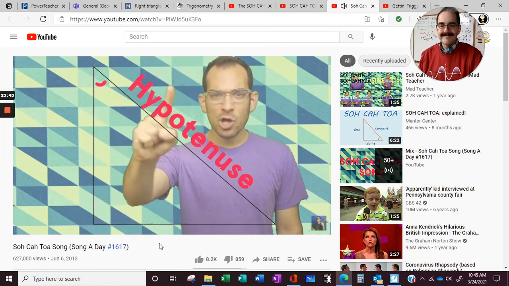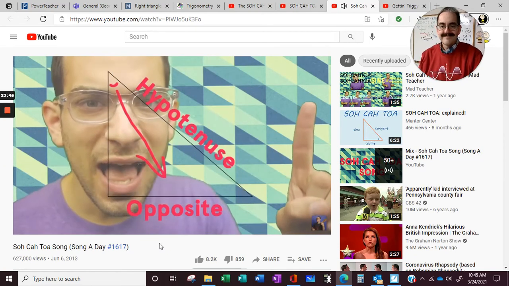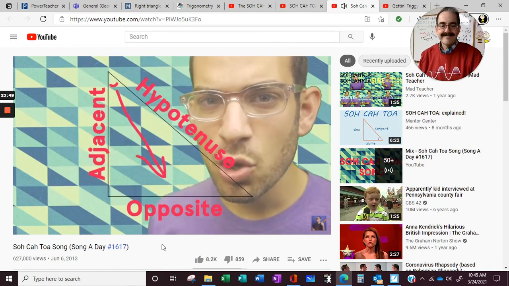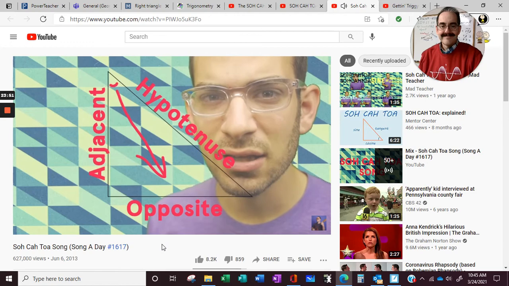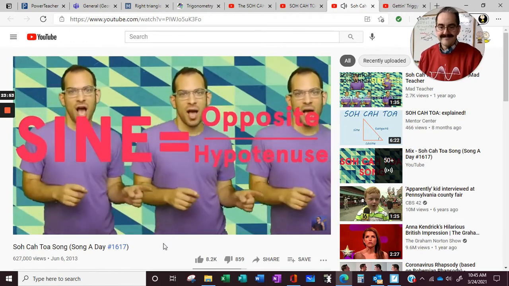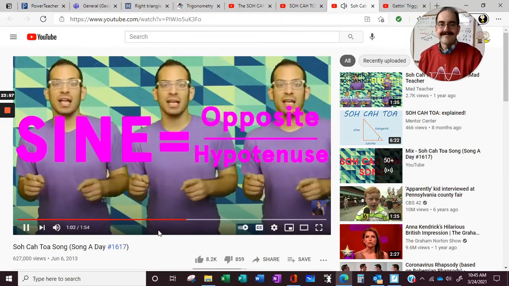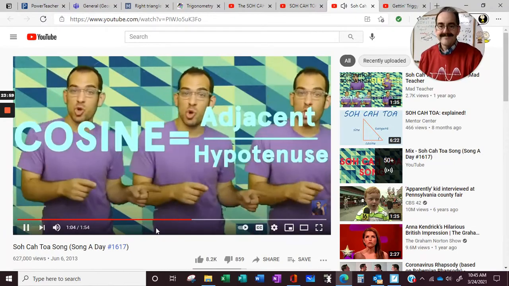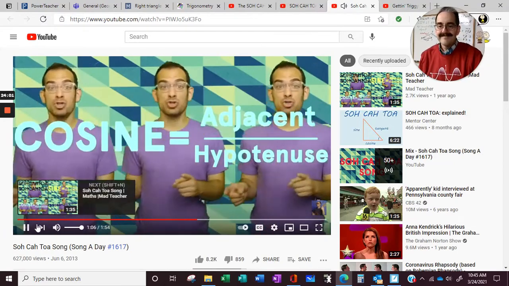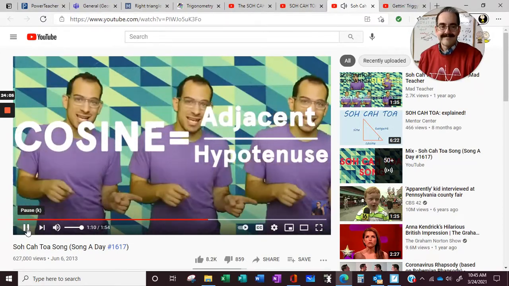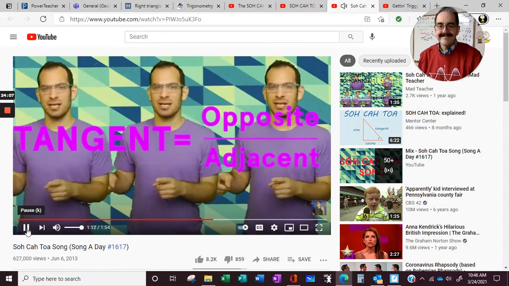Pick one angle and look. There's one side that's the opposite. You can clearly see that there's also an adjacent side. Sine, opposite hypotenuse. Cosine, adjacent hypotenuse. Tangent, opposite adjacent.